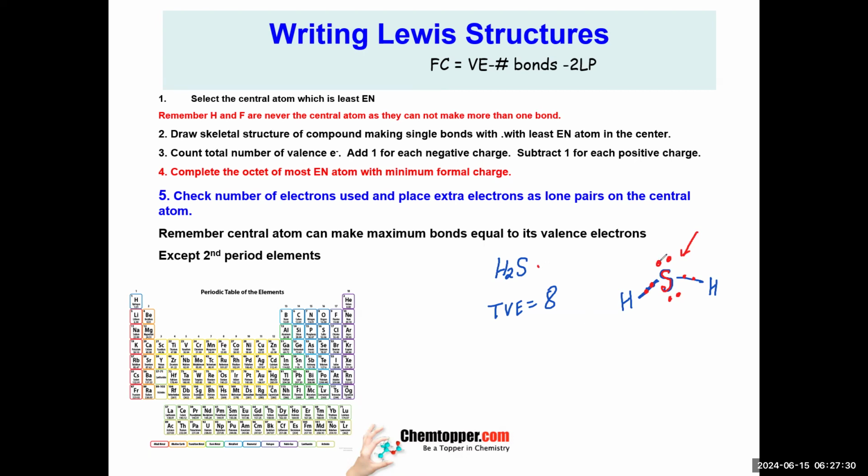It is giving 6 valence electrons using 1, 2, 3, 4, 5, 6, 0. What's the formal charge on hydrogen? How many hydrogen is giving? 1. Hydrogen is giving 1. So what's the formal charge on hydrogen here? 0. 0. Right?